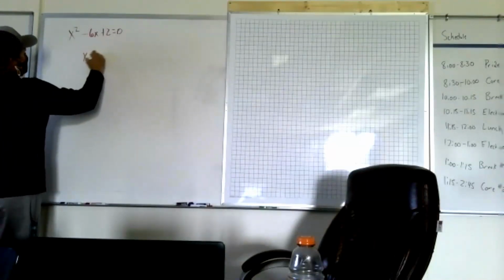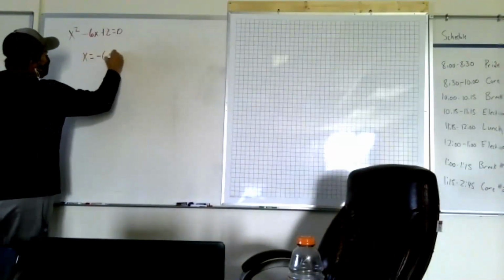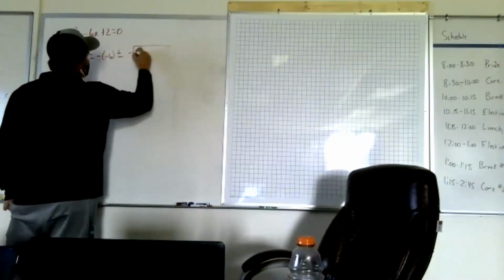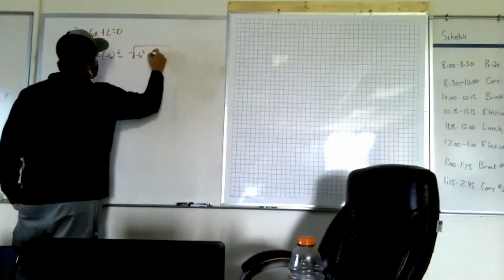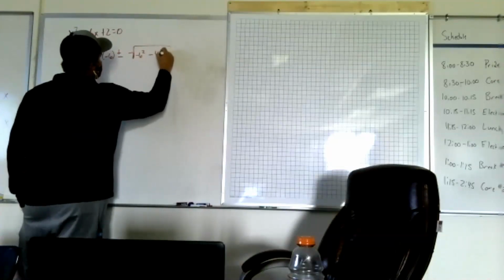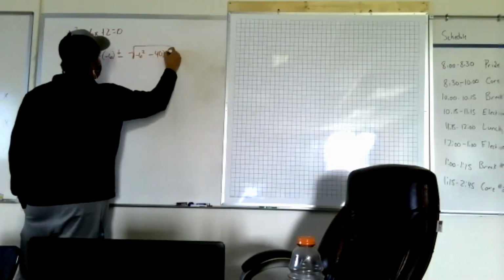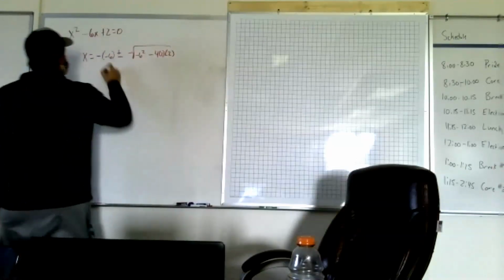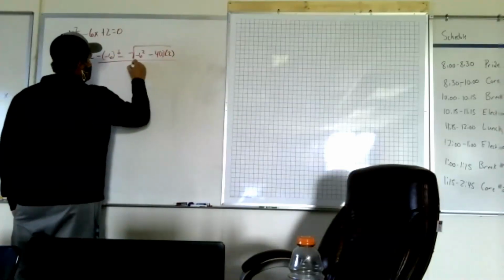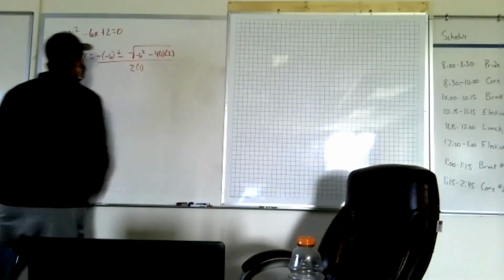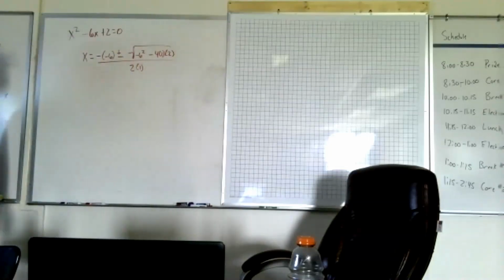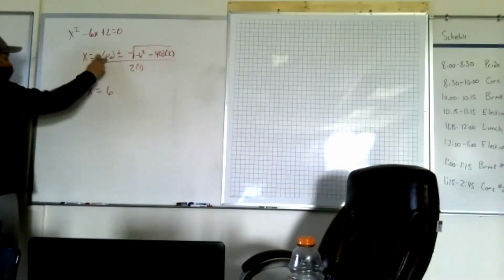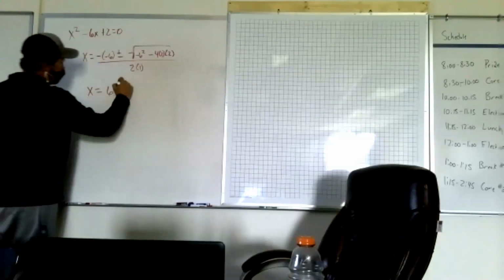So x is going to be equal to a negative 6, plus or minus the square root of negative 6 squared minus 4 times 1 times 2. That's nice and easy. All over 2 times 1. Okay, now we want to simplify. So x is equal to 6. Negative makes it positive.